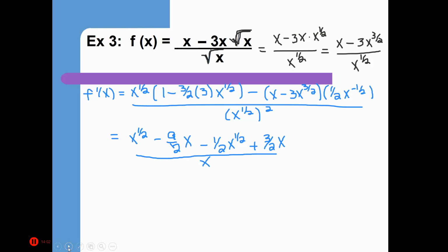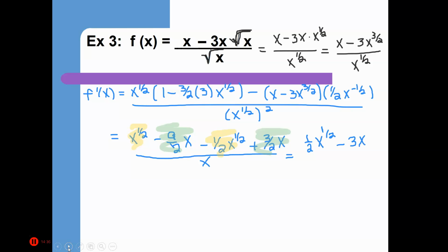So grouping together my like terms, one minus a 1/2 is a 1/2. And negative 9/2 plus 3/2 is negative 6/2, a negative 6 divided by 2.